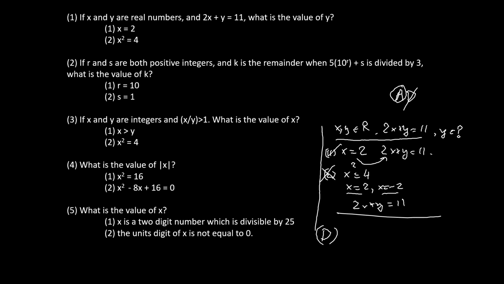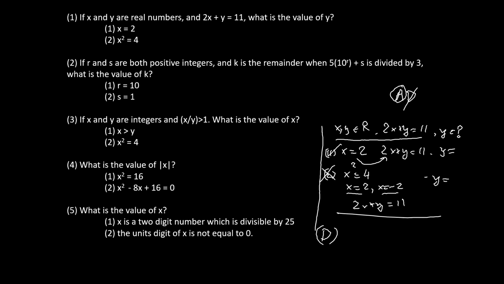So if this gives you y is equal to something, this will also give you y is equal to something. Do you understand what I'm saying, Priyanka? Yeah, I do.